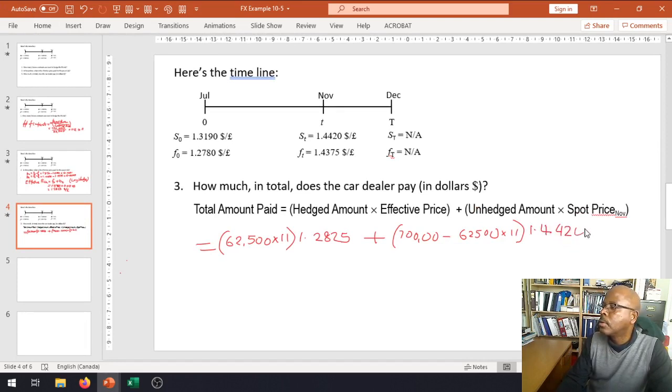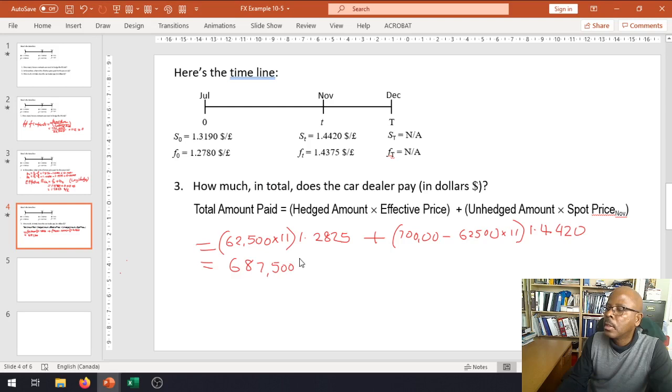1.4420. Okay. And with that then, if you do the calculation, that amount is equal to 687,500. Okay.